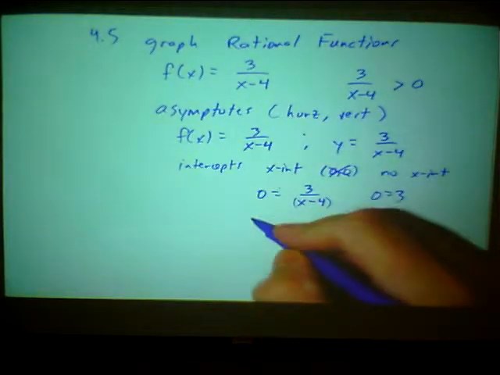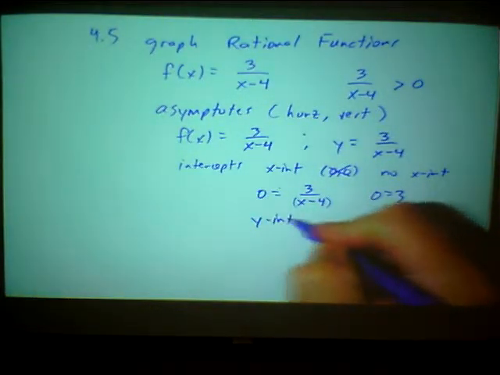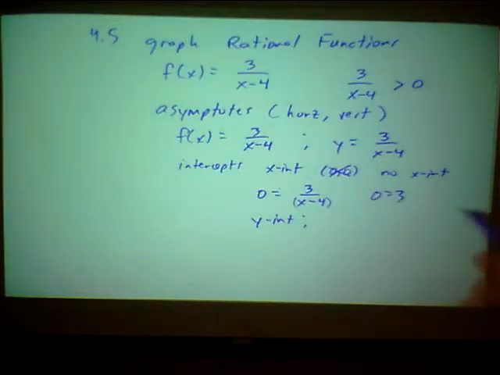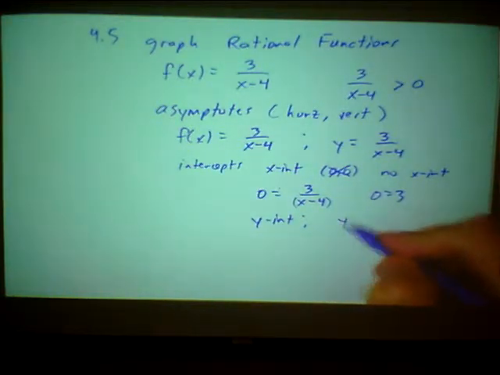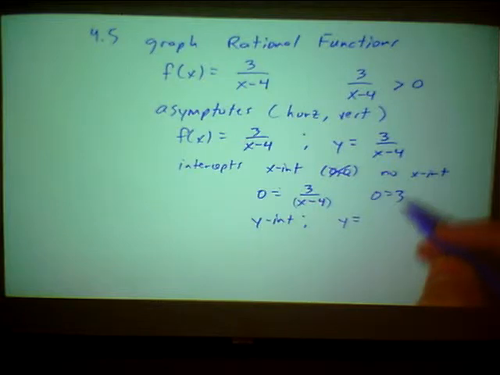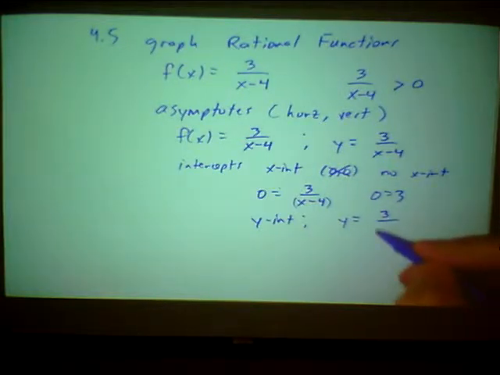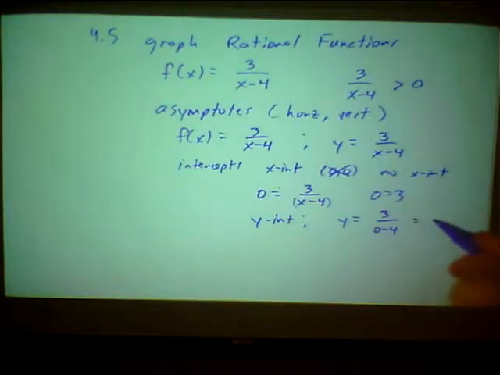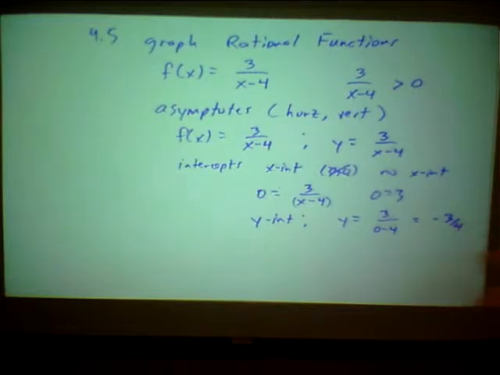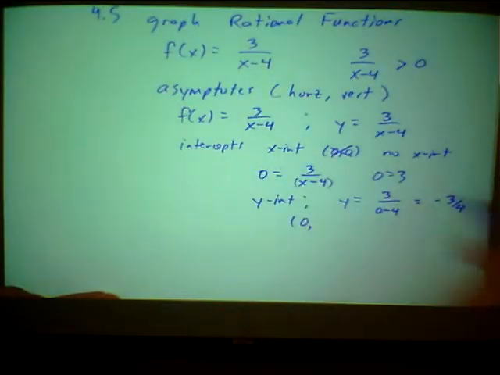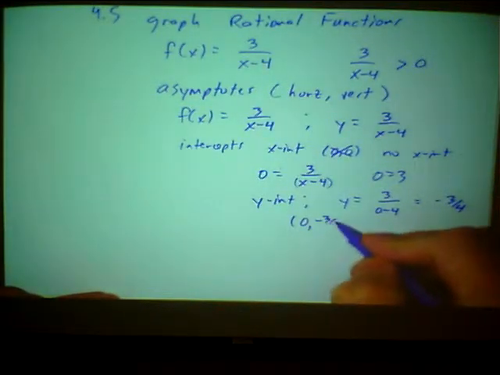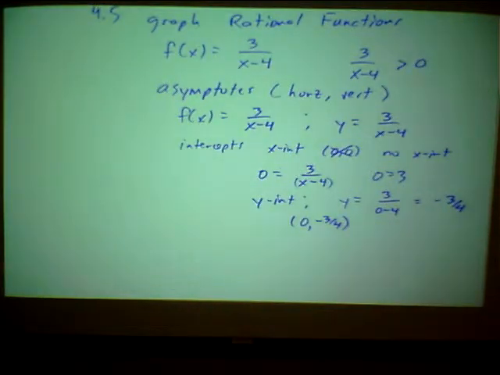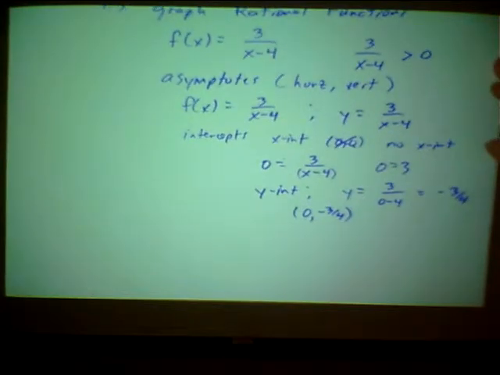Now for the y-intercept, that's where you set x equal to 0. And we do have a y-intercept of minus 3/4, so when we do our graph, we're going to have a y-intercept of 0, minus 3/4.